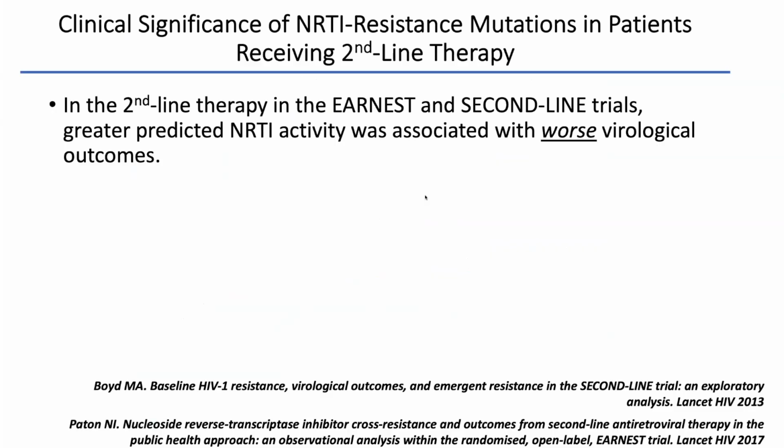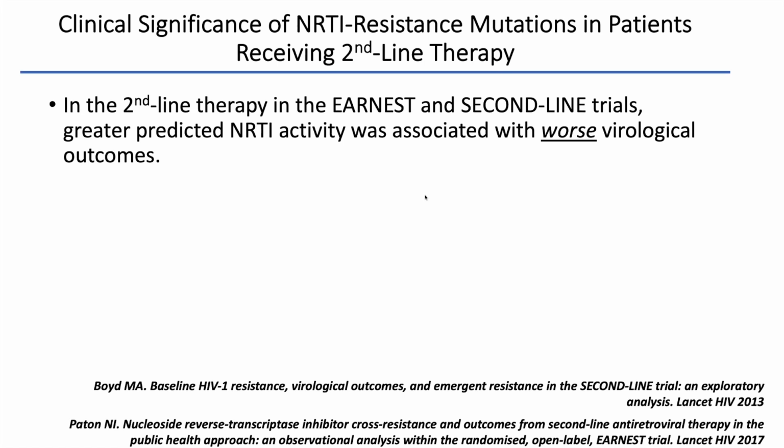Much of what we know about the clinical significance of HIV drug resistance comes from clinical trials in low and middle income countries where patients with similar past treatment histories have been randomized to a new ART regimen. The EARNEST, first line, and more recently the NADIA trial have shown that in patients with extensive NRTI resistance, treatment with 2 NRTIs and a potent third drug, either boosted lopinavir, boosted darunavir, or dolutegravir, generally will attain high levels of virologic suppression.